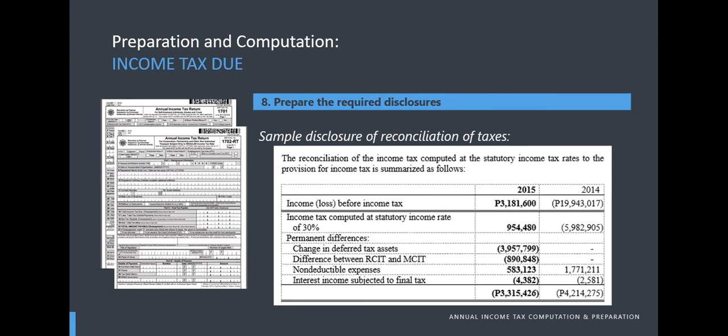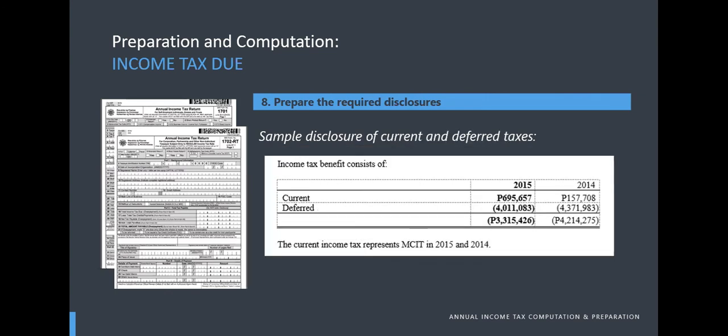The non-deductible expenses and interest income subjected to final tax are permanent differences. So the total is 3.3 million. So this must be equivalent to the income tax benefit summary.